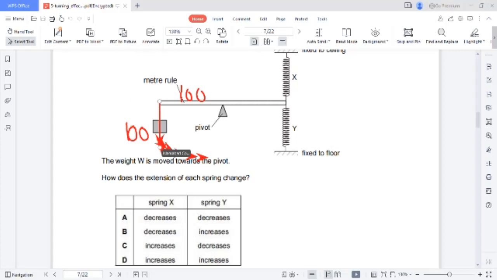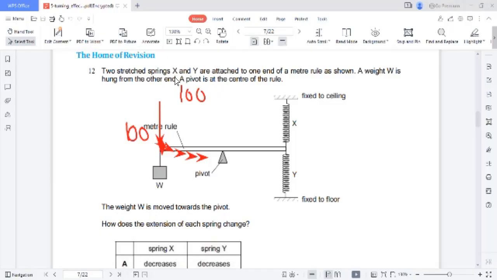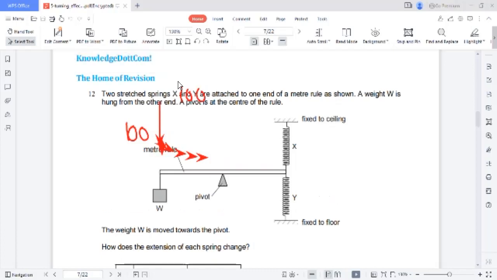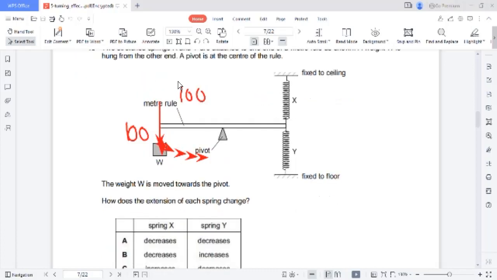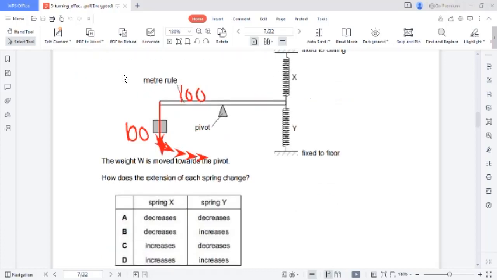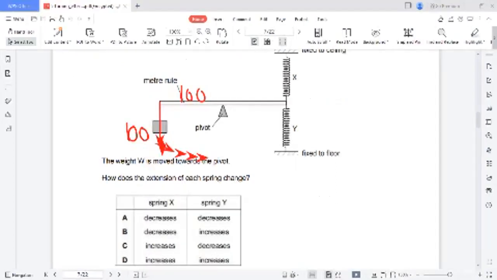Then what will happen is, as long as the weight is here, when we hang the weight here, the situation would be something like this.